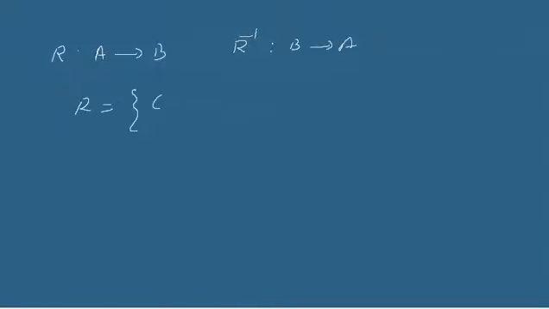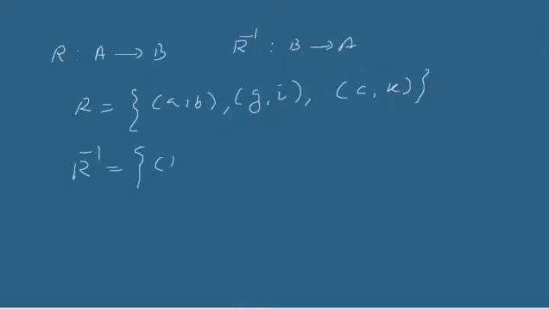Let R be equal to {(a, b), (g, i), and (c, k)}, something like that. Then how can you define R inverse? R inverse is equal to (a, b) will change to (b, a), (g, i) to (i, g), and (c, k) as (k, c). The order of the ordered pair will be changed.